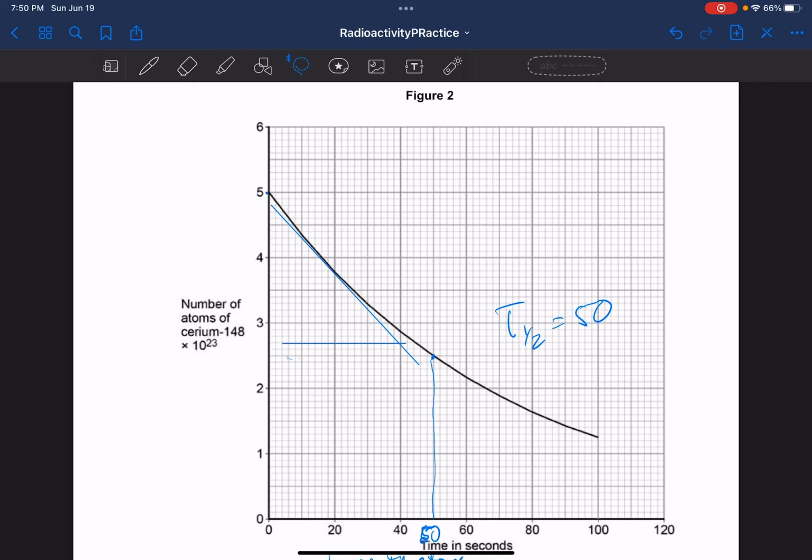And a vertical line, and you want your gradient. You can pick values that are convenient for you. To calculate my gradient, I need a change in y divided by a change in x. So here I have, we're going to call that 4.5, and this is 2.7.